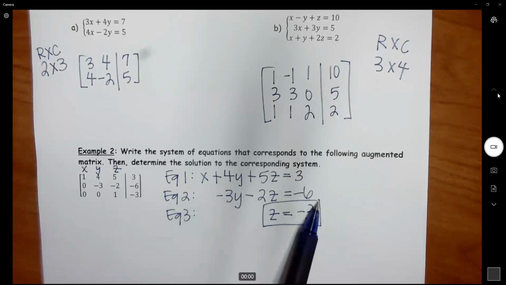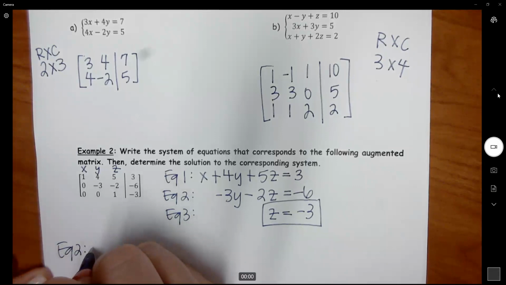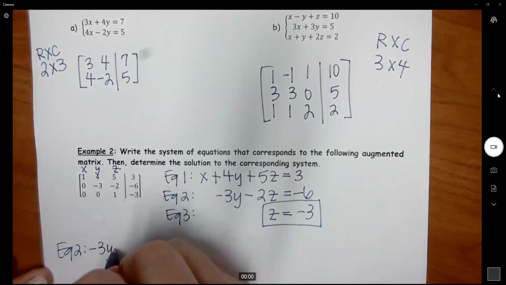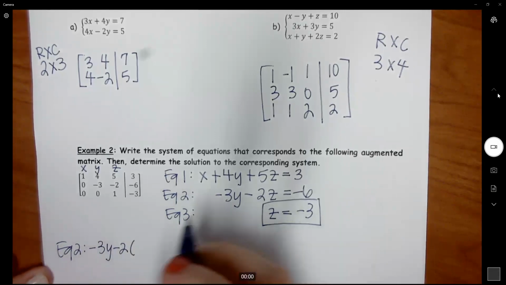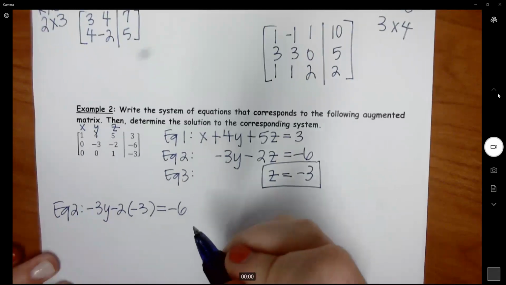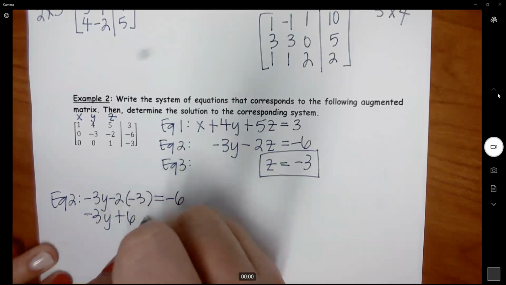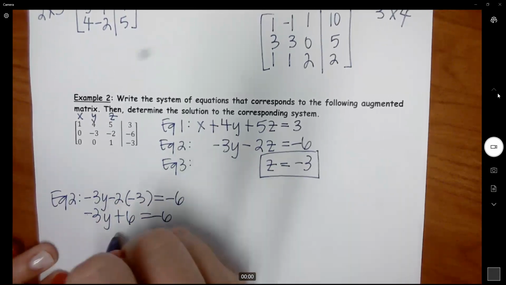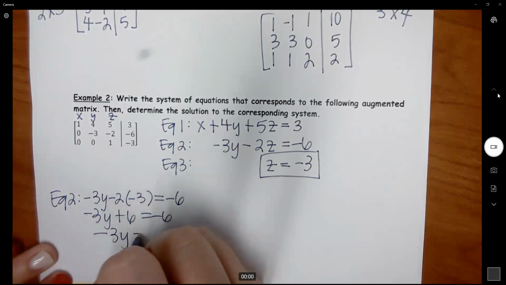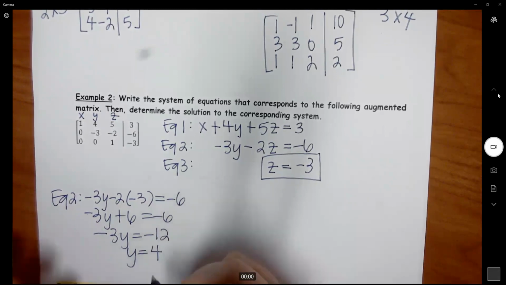So I'm going to go into equation 2. So I've got -3Y plus 2 times Z, which is -3, and that equals -6. So -3Y plus 6 equals -6. Subtract your 6 over to get -12, and then divide by -3 to get Y is 4.